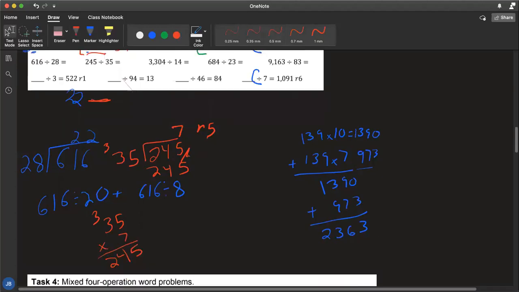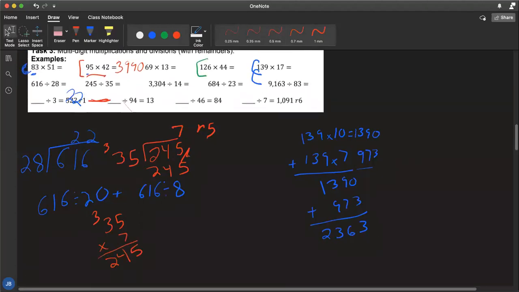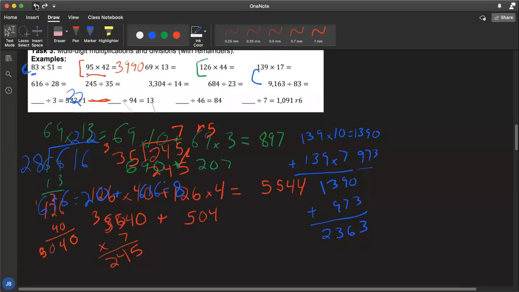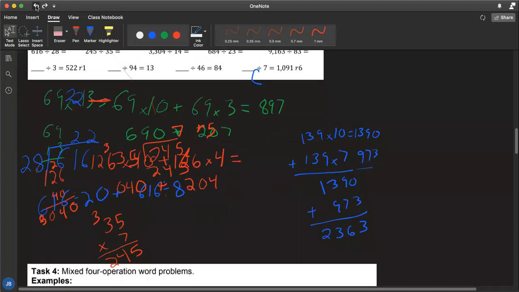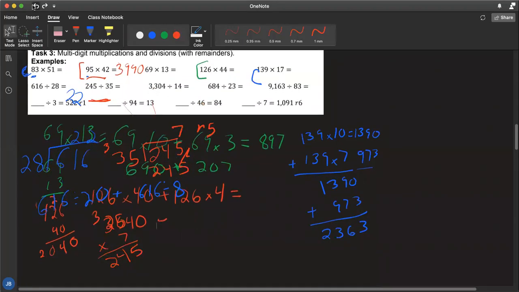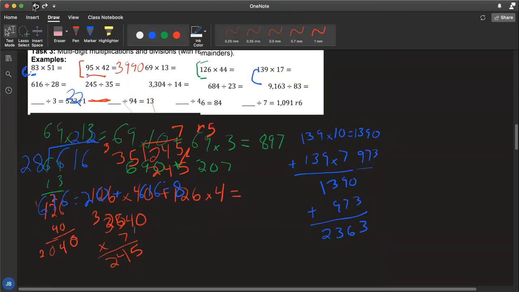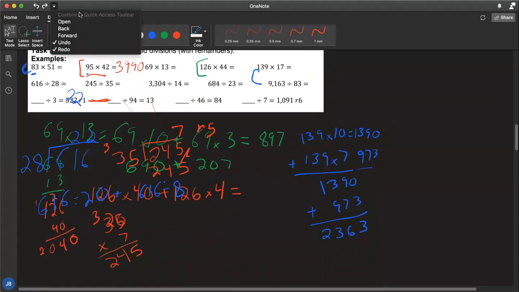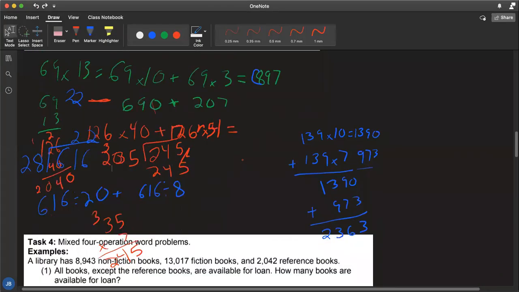Oops. Oh no, don't do that. Not again. Oops. I don't know why it's doing that again.